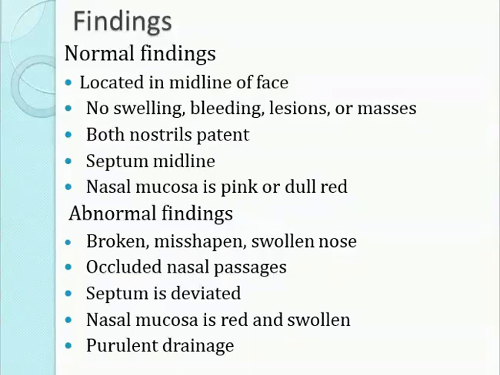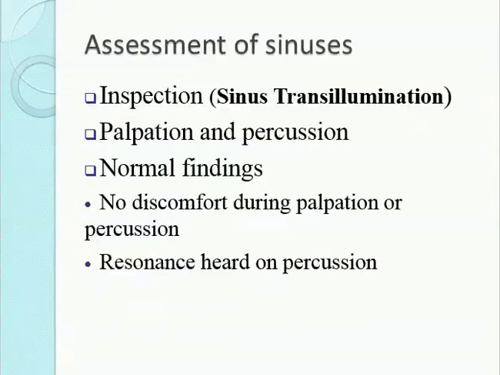Abnormal findings involve broken, misshapen, swollen nose, occluded nasal passages, septum is deviated, nasal mucosa is red and swollen, and purulent drainage may be present. Assessment of sinuses is done via sinus transillumination, palpation and percussion. Normal findings involve no discomfort during palpation or percussion and resonance heard on percussion.